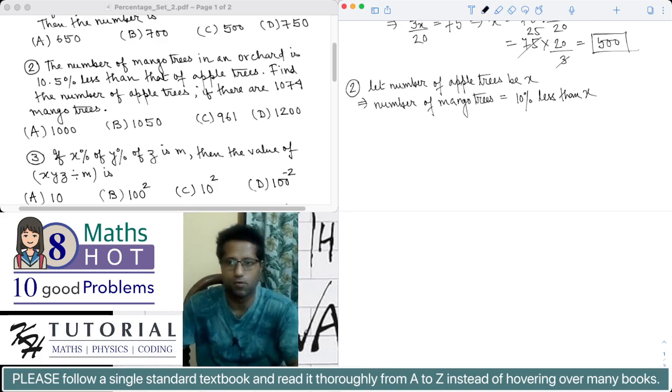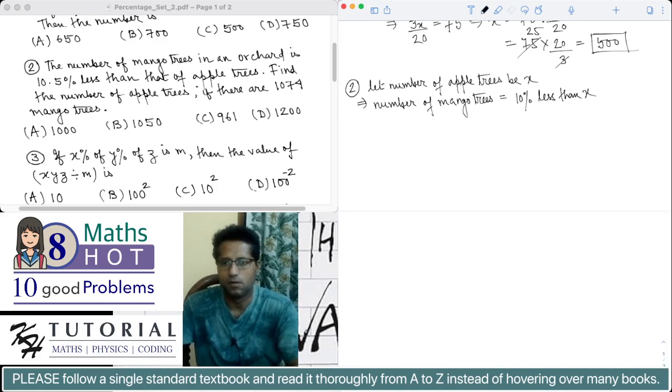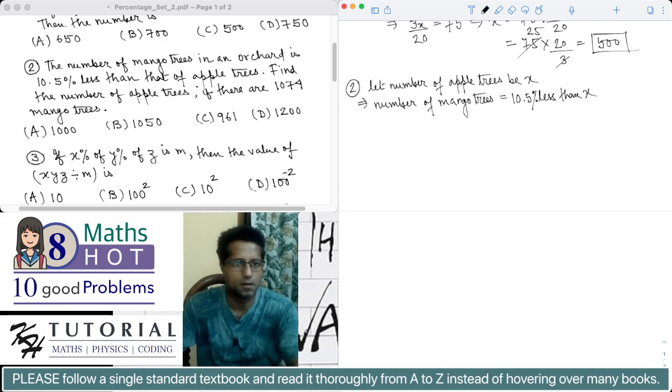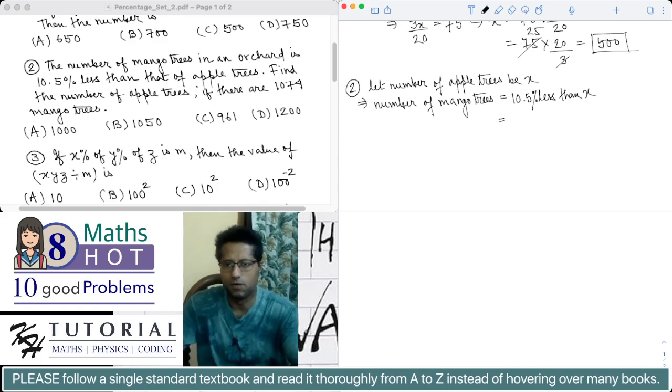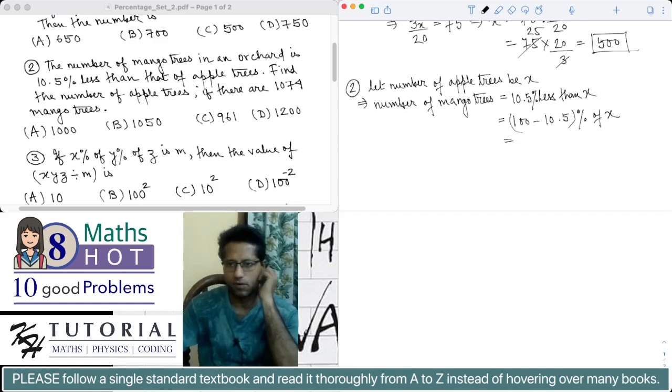So it is 10.5% less than that of apple trees. So this is equal to 100 minus 10.5% of x.